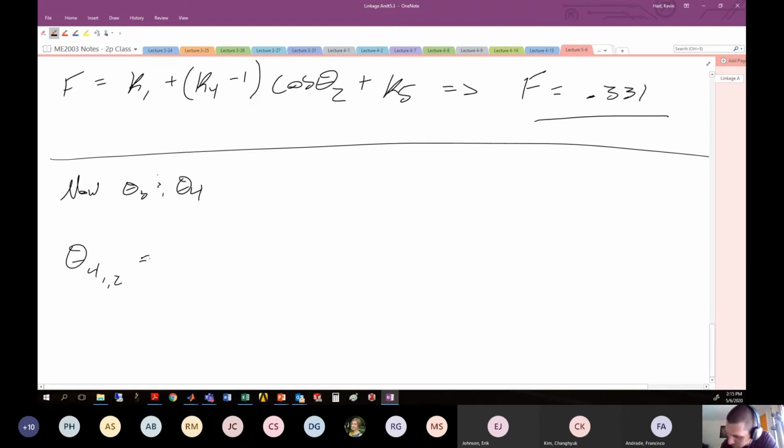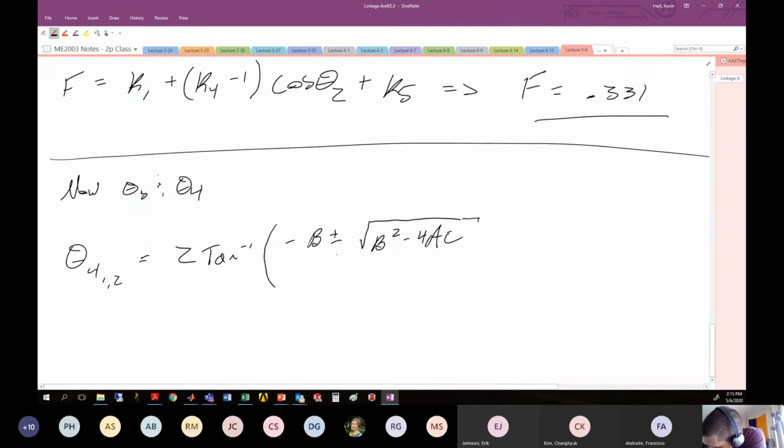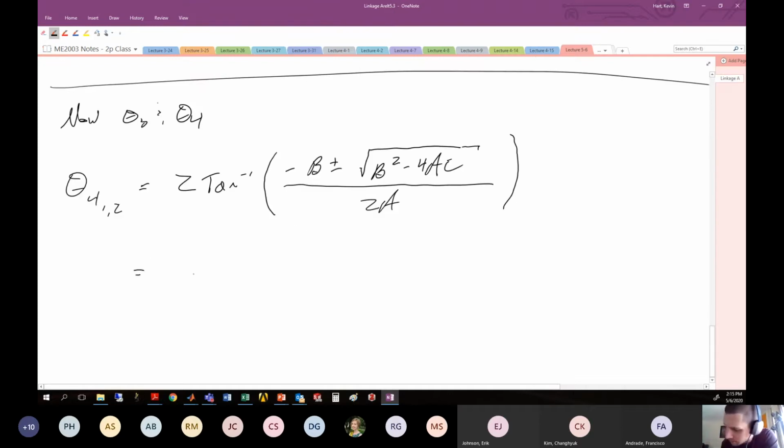And remember, we get two solutions here. The general equation is 2 times the inverse tangent of, here for theta 4, negative B plus or minus the square root of B squared minus 4 capital A capital C, all over 2 capital A. So we'll work this. 2 tangent inverse of, we have all of these things.